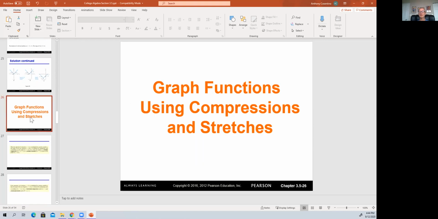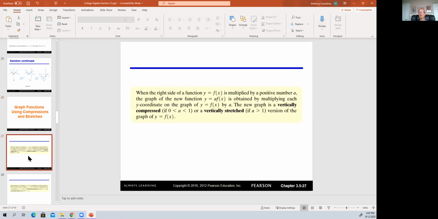So the next thing we'll talk about is this idea of compression and stretches. I don't use this very much anymore, because I'll just graph it using technology. But the definition of compression and stretching is you're taking a graph or function in this case, and you're multiplying it by a number a. So you see here that we have y equals a times f of x.